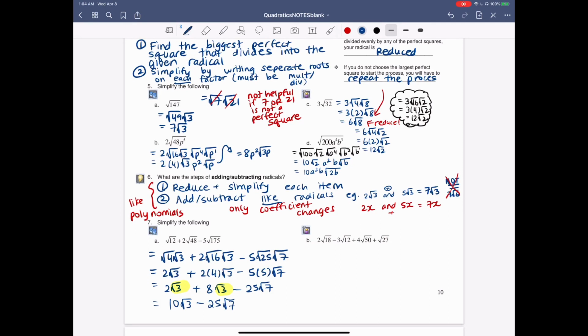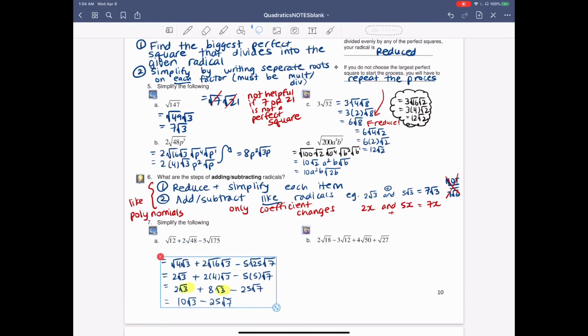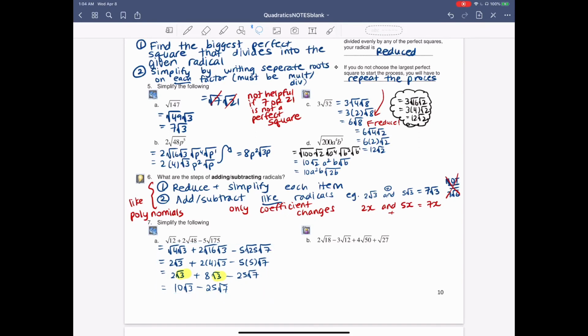So can I simplify this any further? What do you think? Well, it's like you have 10x minus 25y. Can you simplify it in that case? You can't. You can't do any more because you're not dealing with a common radical.